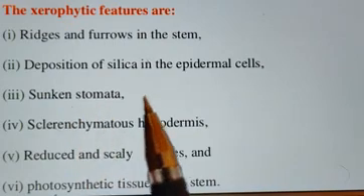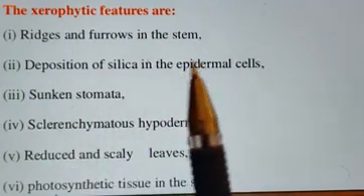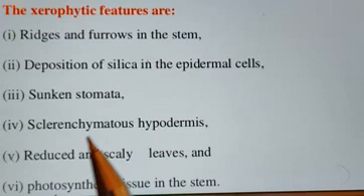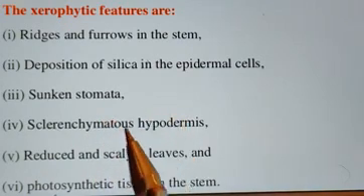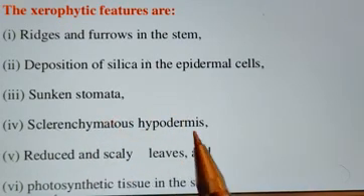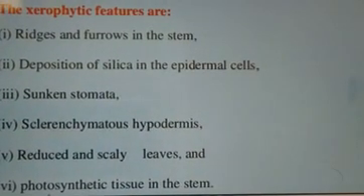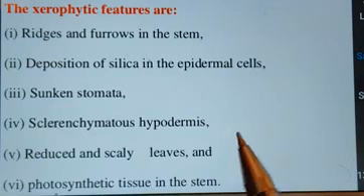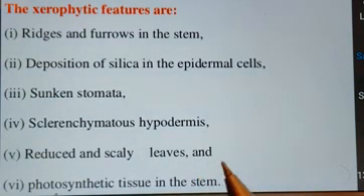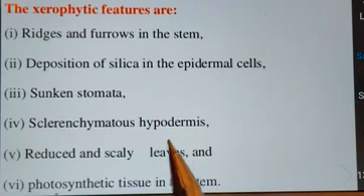Then sunken stomata. Sunken stomata means stomata that are closed in the daytime and open at night. Then sclerenchymatous hypodermis, means sclerenchymatous or silica deposition and hard tissue present in the hypodermis.